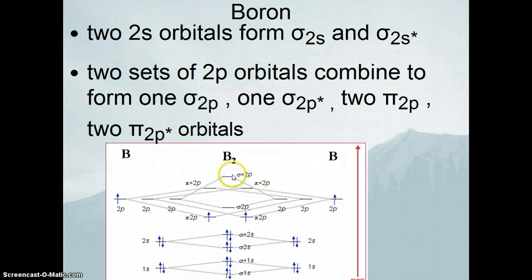So there's the sigma 2p, the sigma 2p star. There's the pi 2p, and these are degenerate, same energy, pi 2p stars. And notice we have a total of 2 electrons, and they go into the pi 2p here and here. So Hund's rule is still sort of satisfied, if you will, in that we have to fill the orbitals half filled first.